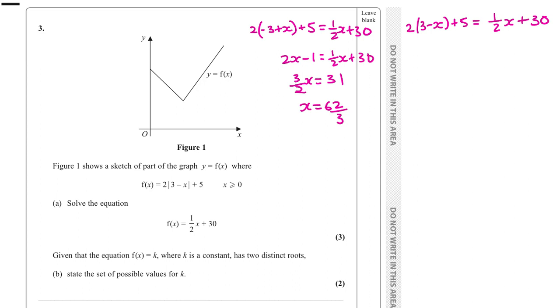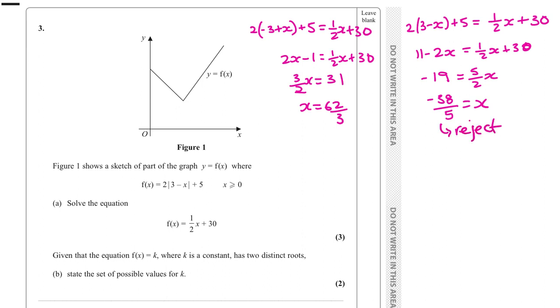And then I'm going to have 11 minus 2x equals a half x plus 30. Negative 19 equals 5 over 2 x. Negative 38 over 5 equals x. Did everyone get those two values? Right, and then we can see from the question that x has to be greater than or equal to 0, so we reject this one.